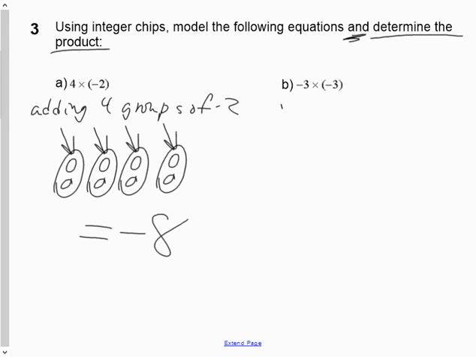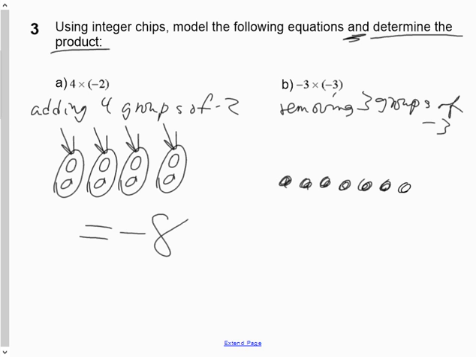This one would say removing 3 groups of -3. So if I pick my 0 pairs here, I don't know why I'm drawing this by hand without the infinite cloner. I feel so silly doing this. 1, 2, 3, 4, 5, 6, 7, 8, 9. There is 0. This is a 0 comprised of nothing. And if I remove negativity from something, I make it more positive.